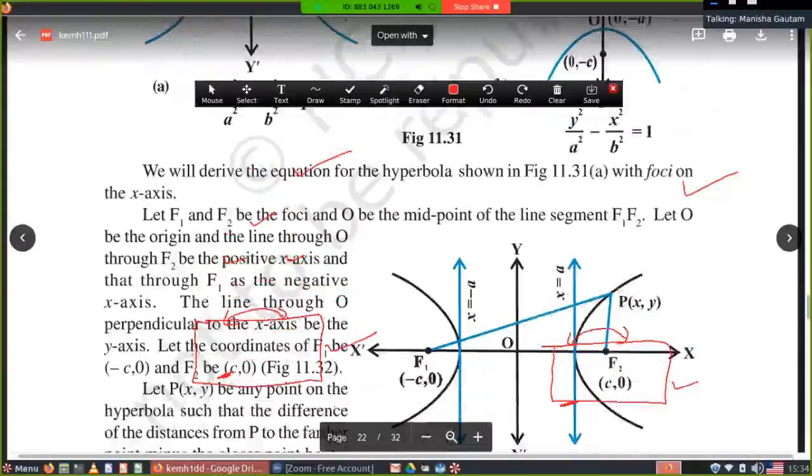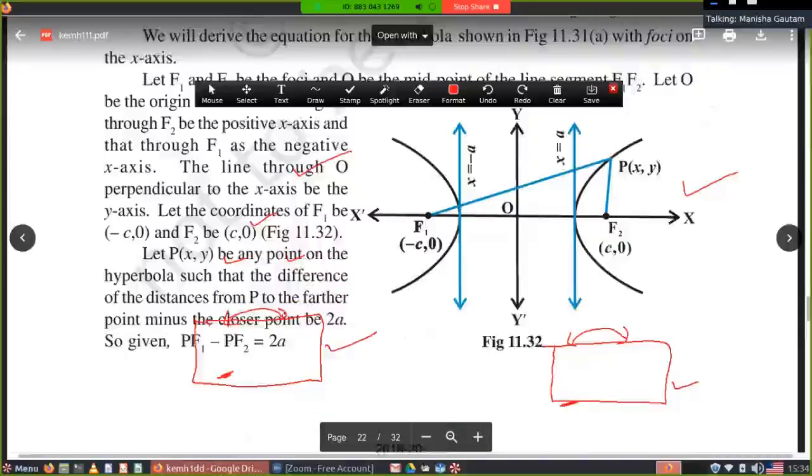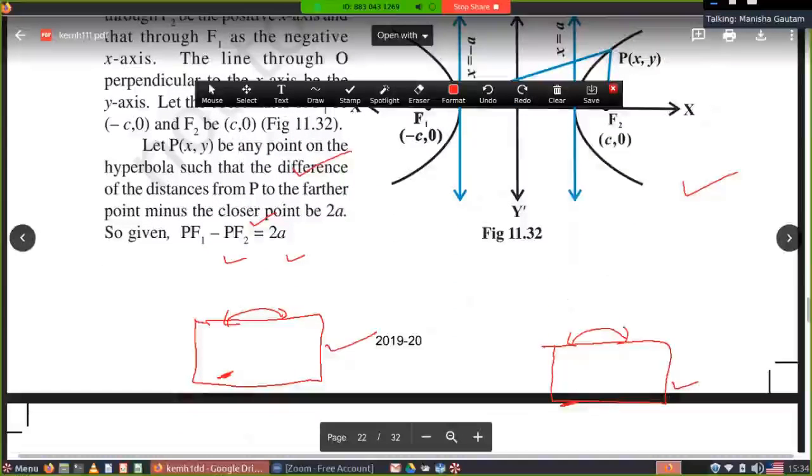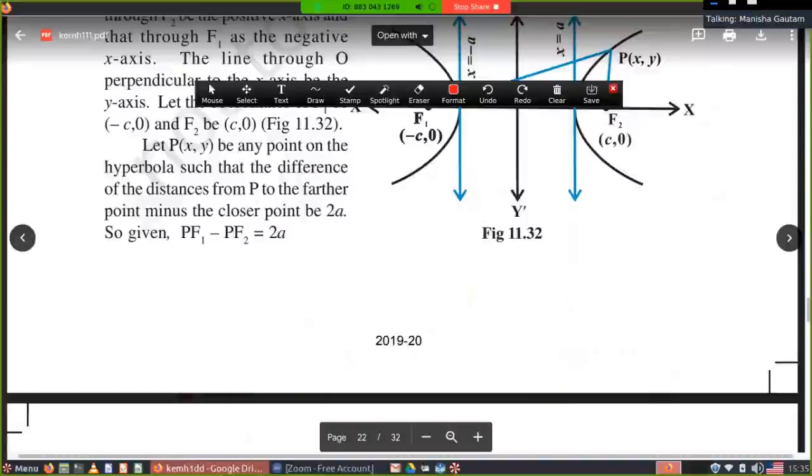Now we have to discuss one table where you can get an idea of how to get the length of the conjugate axis, transverse axis, vertices, and foci. That table will give you an idea about it.